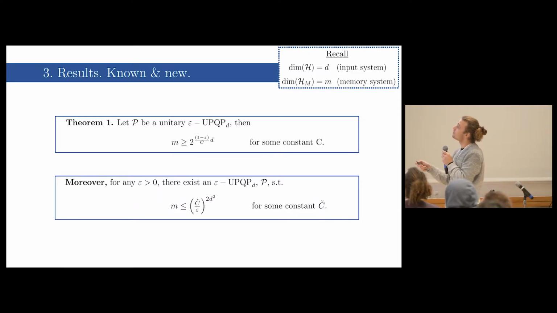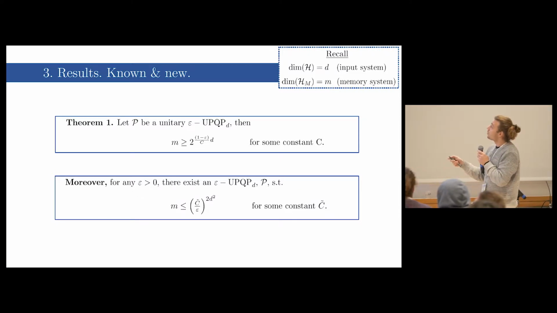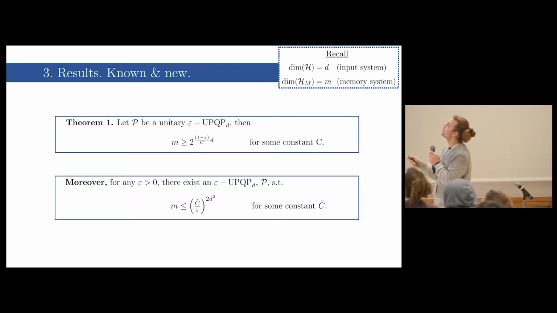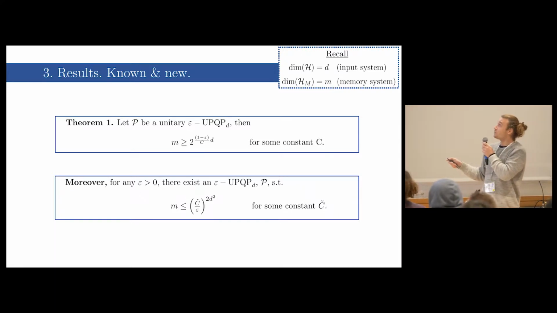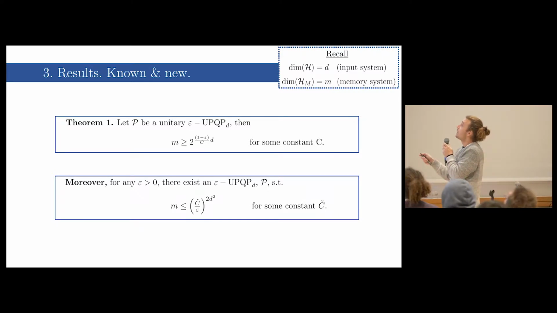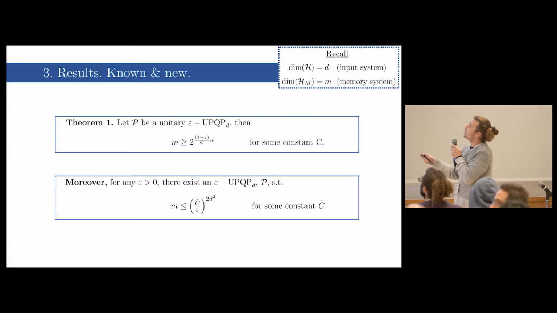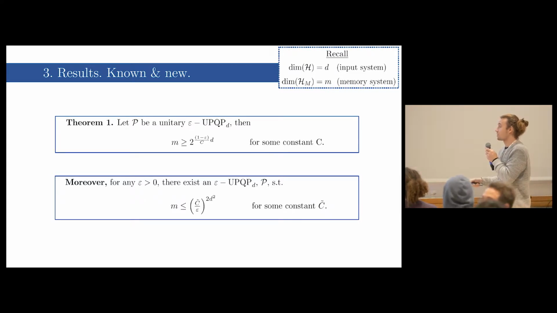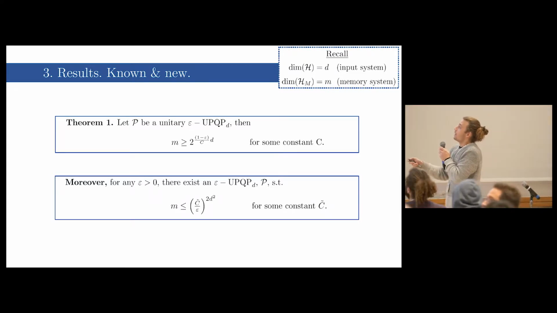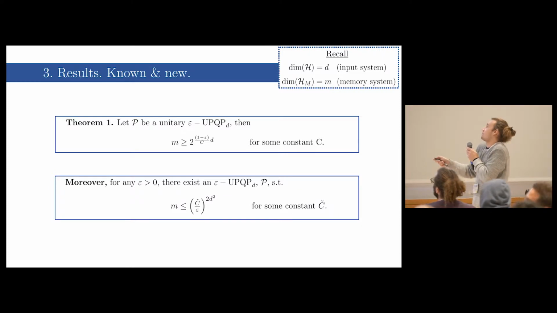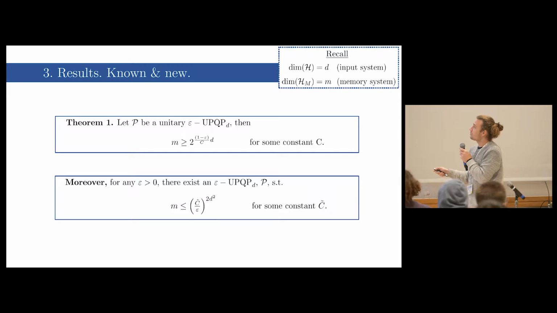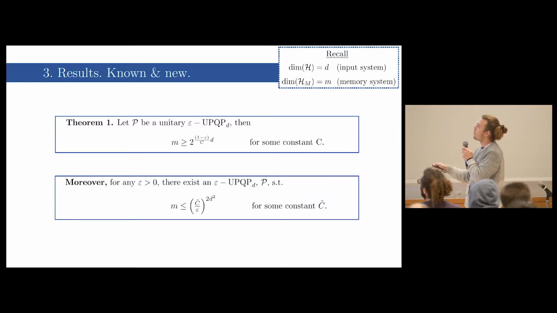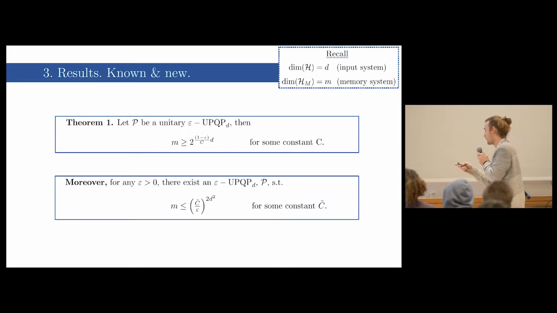In this talk I will focus on the case of unitary epsilon UPQPs, and what we show is that any unitary epsilon UPQP, where unitary means that our channel is a unitary channel, must satisfy this lower bound, which corresponds to the last result I'll tell you. This theorem comes with a moreover, which is a construction that gives you this upper bound for this function M.